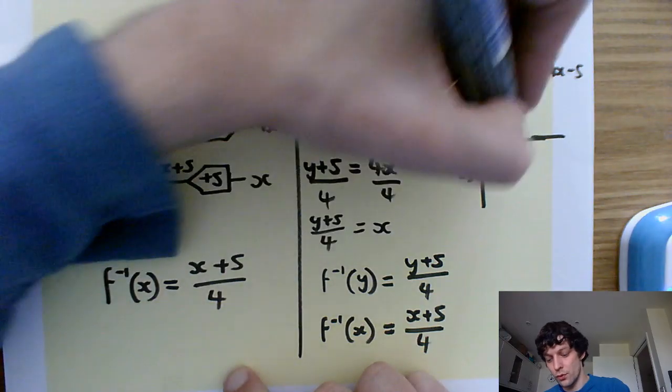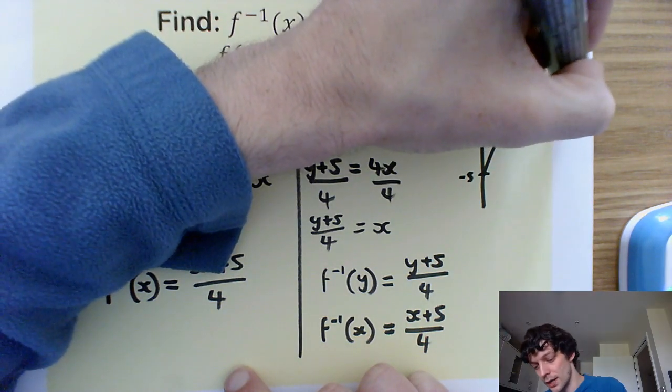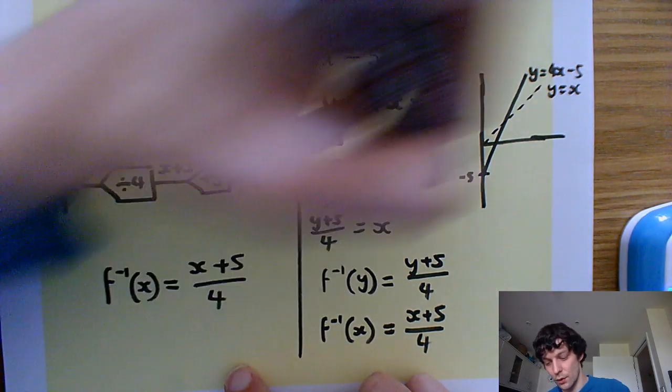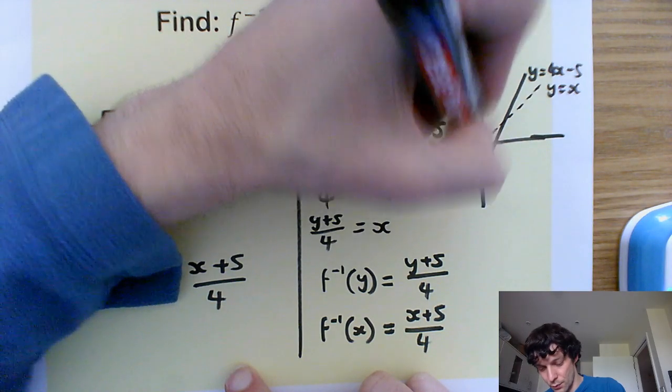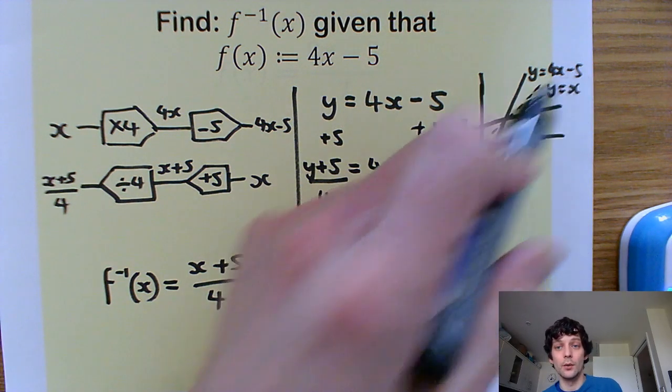And the reason why I drew this graph was just to demonstrate, if we have the line y equals x here, basically this x plus 5 over 4 would look like that, a reflection in the line y equals x.